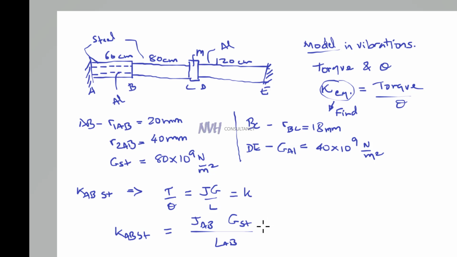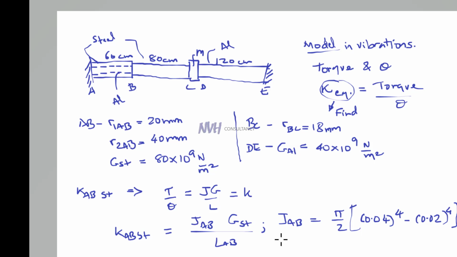JAB is the polar moment of inertia, which equals pi over 2 times the outside radius, 0.04 to the power 4 minus 0.02 to the power 4.